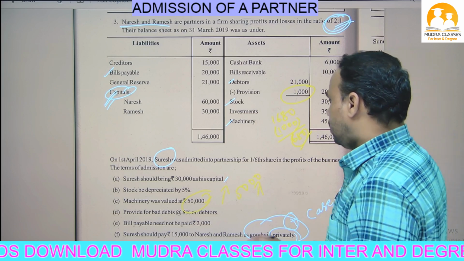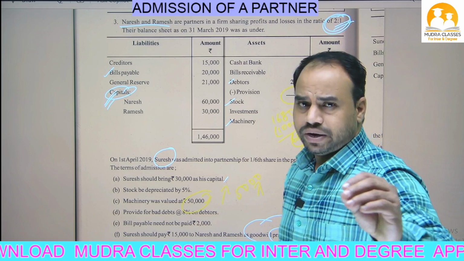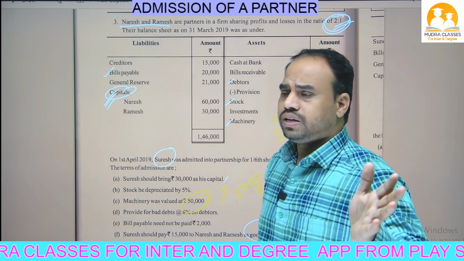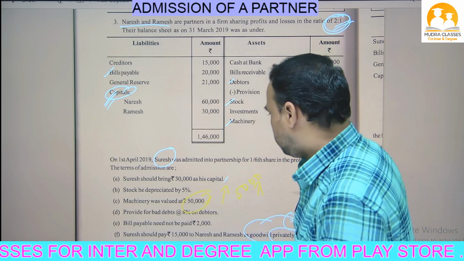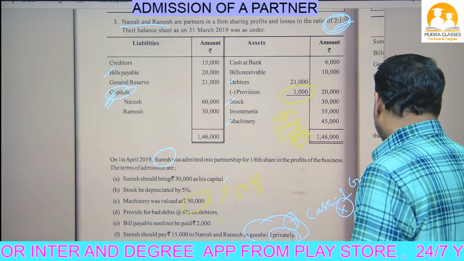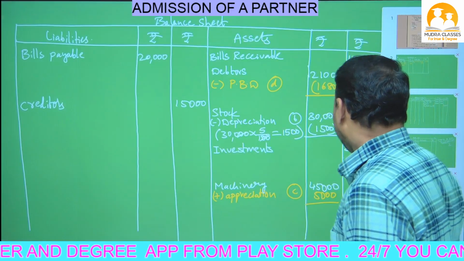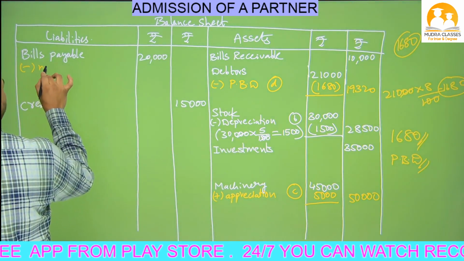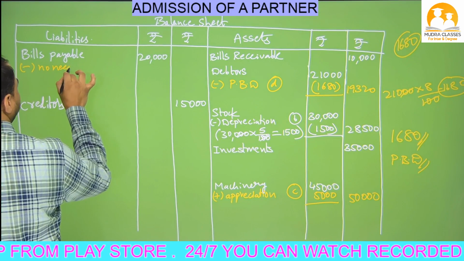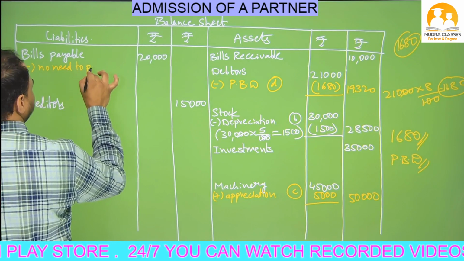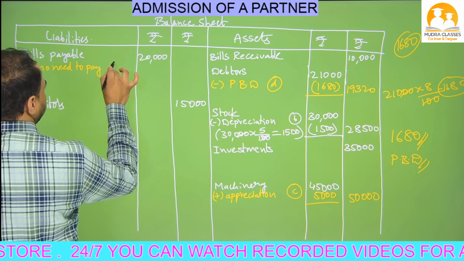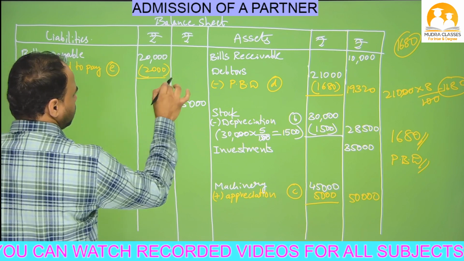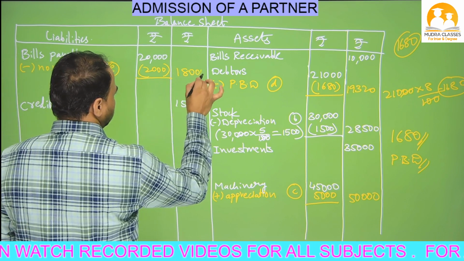That means actually we have to pay some money, beta, but that other person is saying you no need to pay 2,000 rupees. So we have to deduct from the bills payable, balance sheet liability side. No need to pay. Adjustment number E, 2,000 rupees. So 20,000 minus 2,000 rupees, 18,000 rupees.